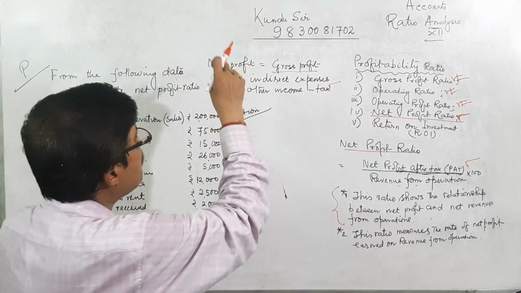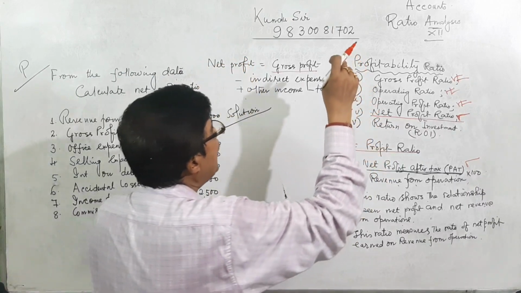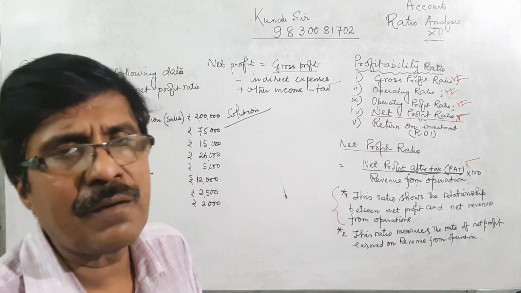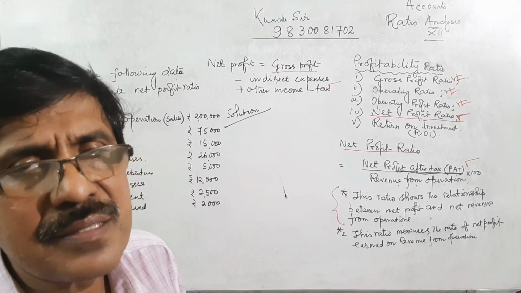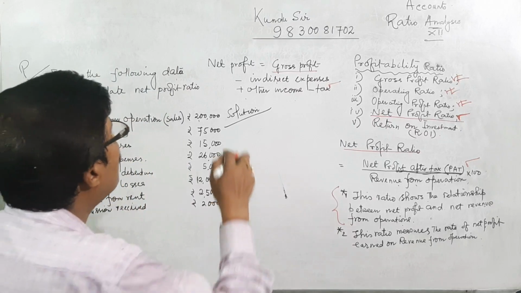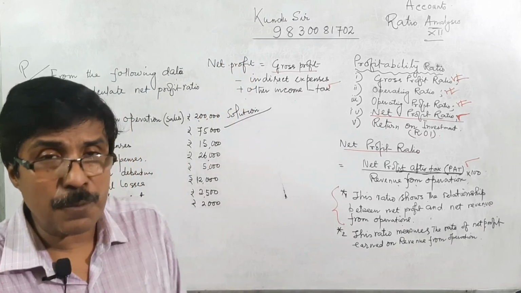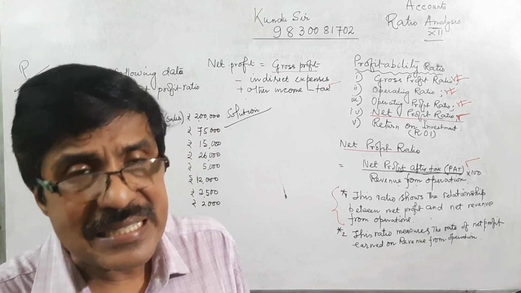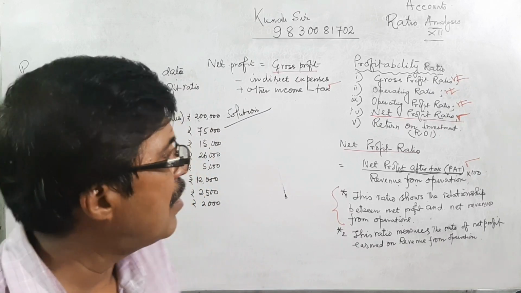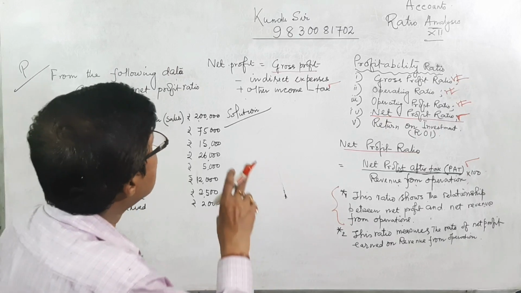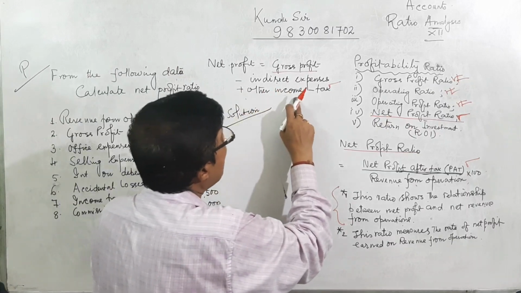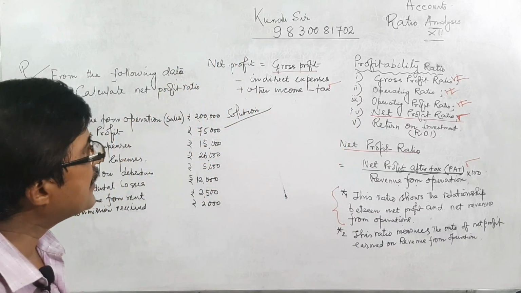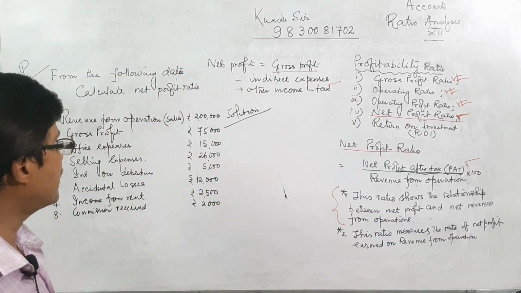From the gross profit, if we deduct indirect expenses, plus other income, minus tax, we get net profit. That is, net profit equals gross profit minus indirect expenses plus other income minus tax. It is the net profit, that is profit after tax.